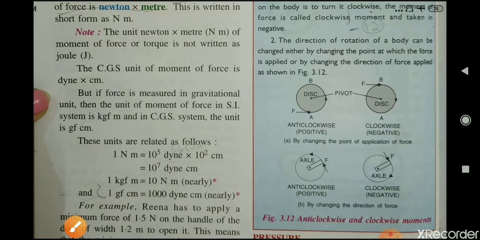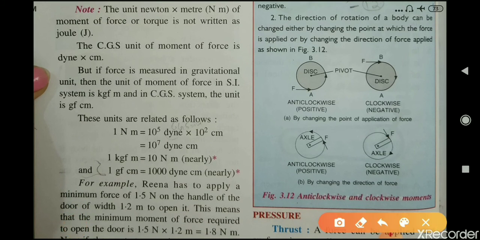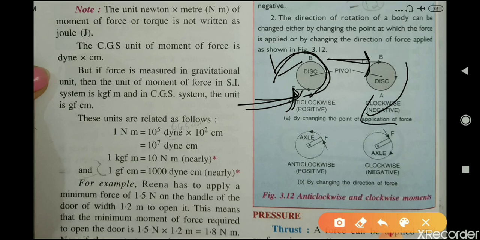As you can see in this picture, force is applied at point A in this direction, which is anti-clockwise, so the turning effect is anti-clockwise. If we apply the force at point B, this is the clockwise direction, so the moment of force will be clockwise.